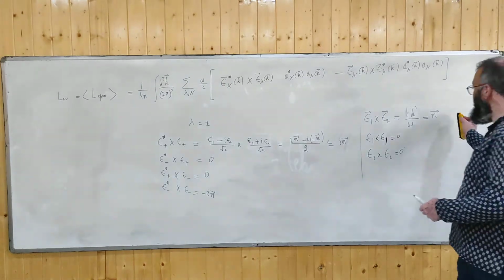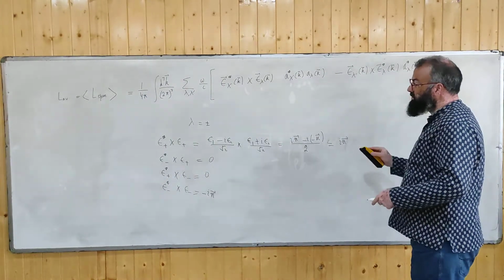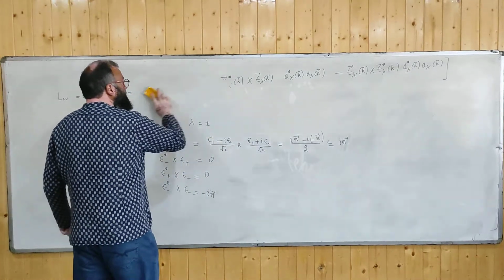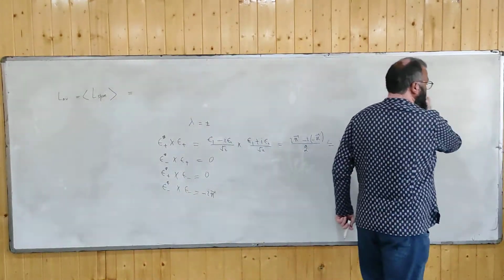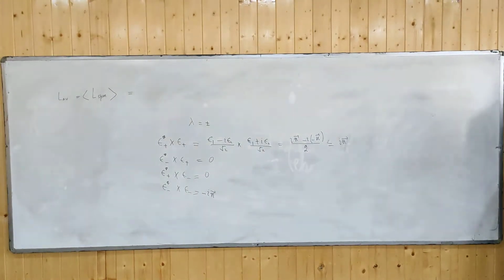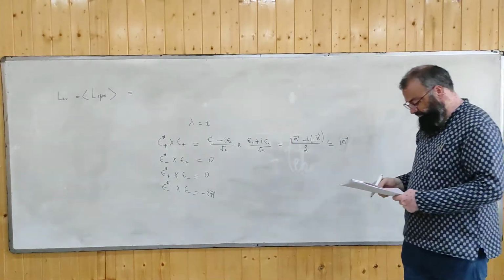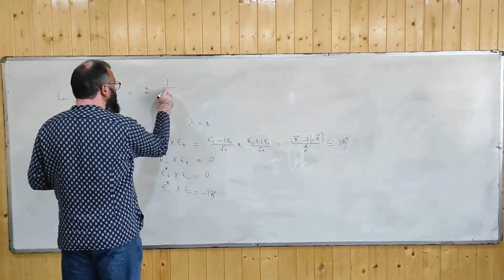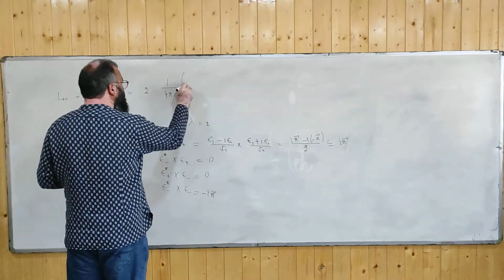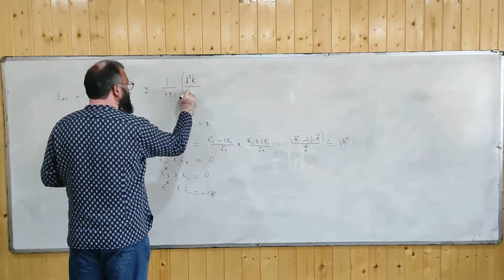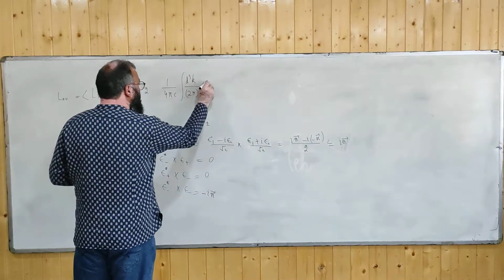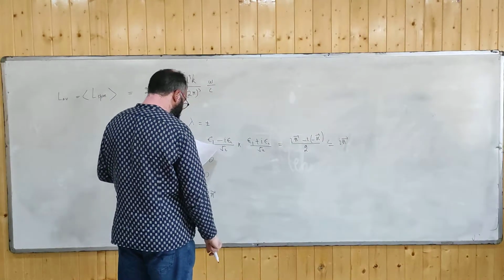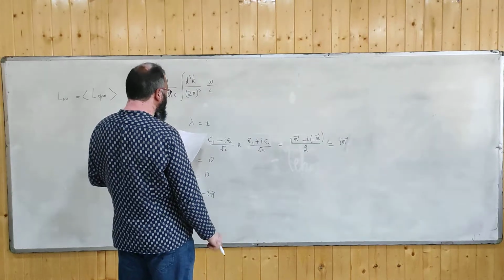So we will use it here. So I'll be getting, this is equal to twice 1 divided by 4 pi integral d3k divided by 2 pi cube, omega by c. Clear? And then what do you have?